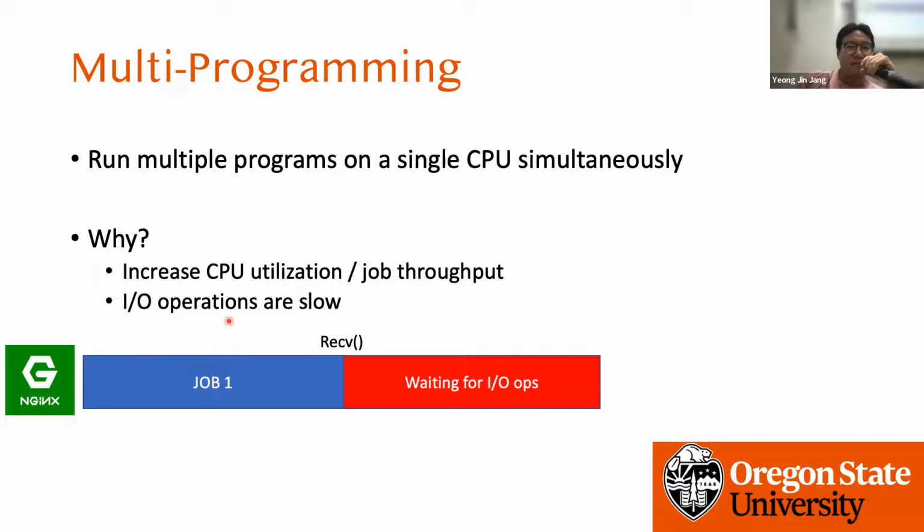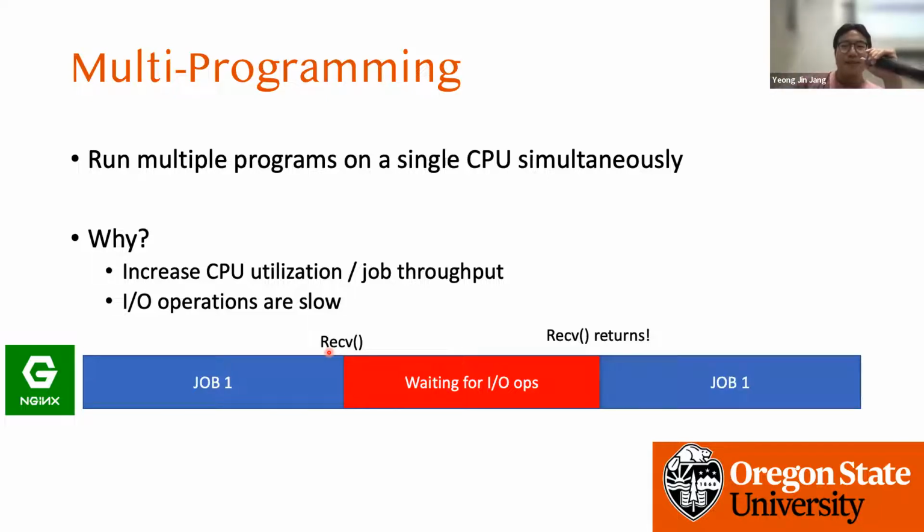There is a job, and at a certain point we need to wait for the client's input from the internet. In that case, we let the CPU do nothing and just wait, and whenever the network packet comes in and is available, we can continue the job.